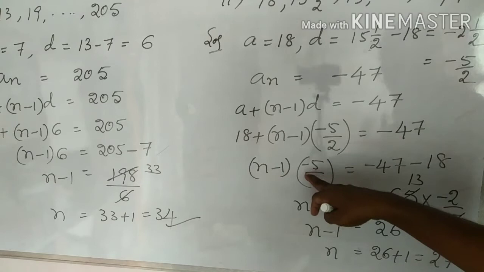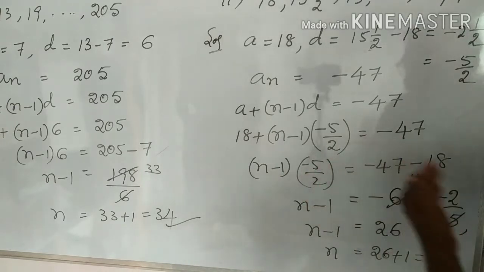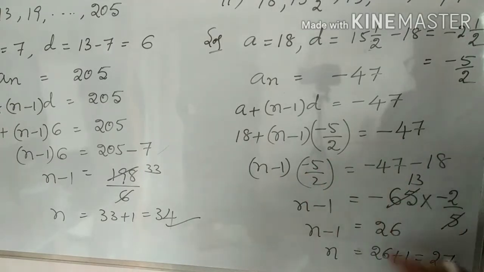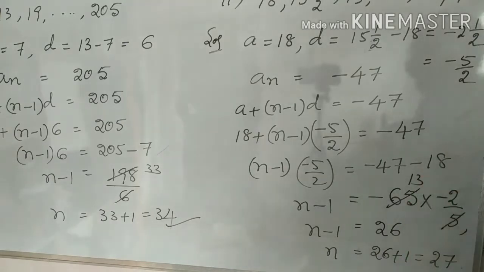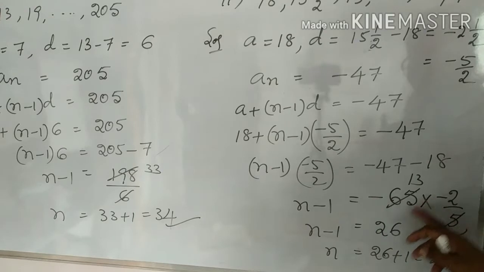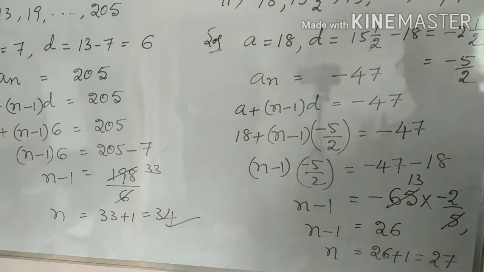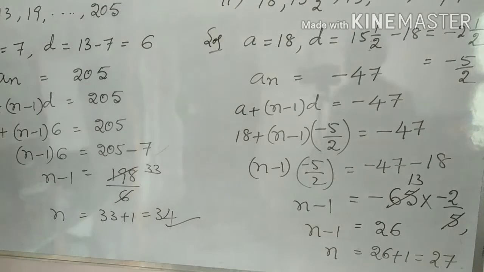Minus 5 by 2, when transposed to this side, becomes the reciprocal, minus 2 by 5. 5 13s are 65, so minus into minus is plus, 13 2s are 26. Now transpose minus 1 to the right side: minus 1 becomes plus 1. 26 plus 1 is 27. That's all. Please make a note.